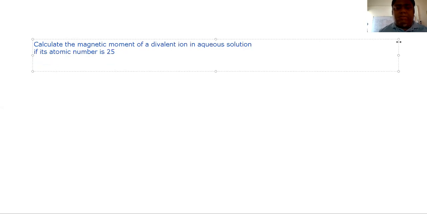So can we guess which element is this? Chromium is 24, manganese is 25. So actually they are talking about manganese. Its atomic number is 25.